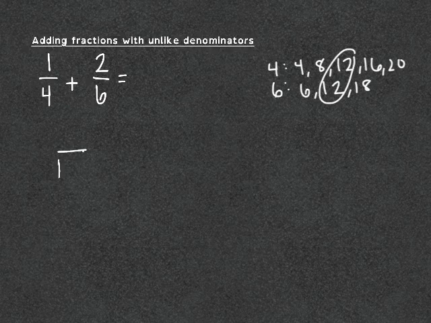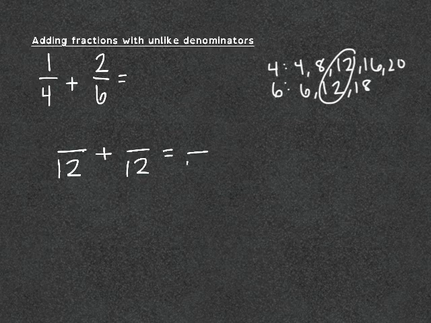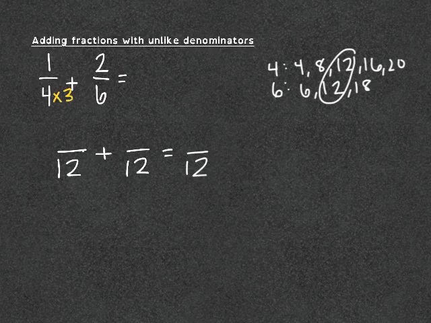So I'm going to put 12 in my denominator. Then we have to ask ourselves, 4 times what gives us 12? 4 times 3 gave us 12, so we have to multiply the numerator by the same thing.